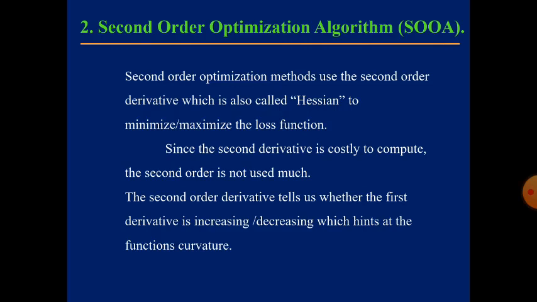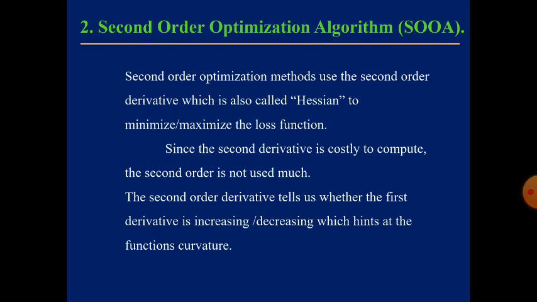And the advantage of second order optimization is, though it is expensive or costly, it is used to find and calculate the second order derivative without ignoring the curvature of the surface. Means it will consider the curvature of the surface. So that's why it is expensive.